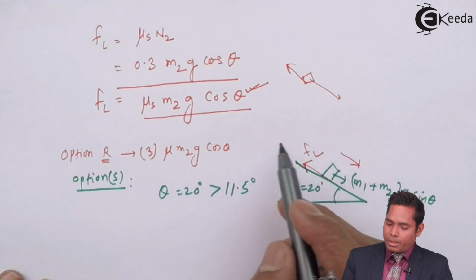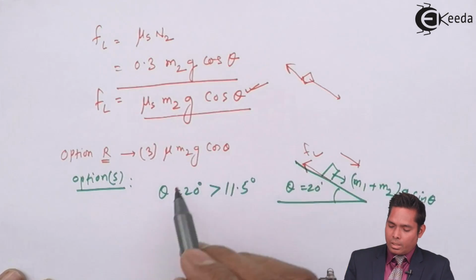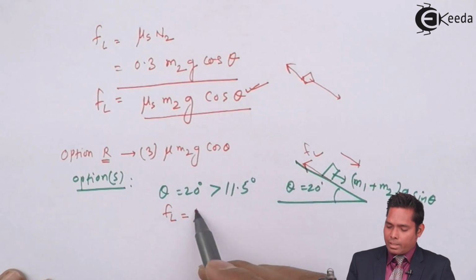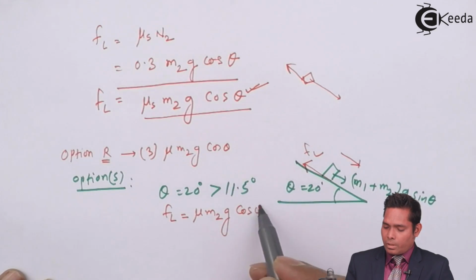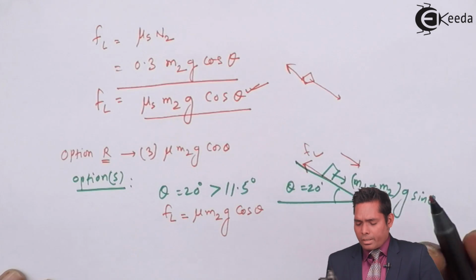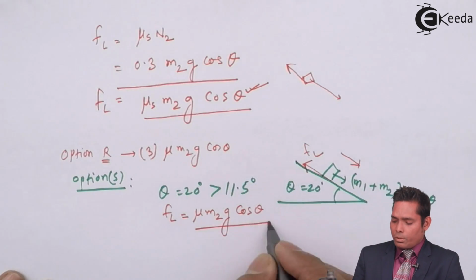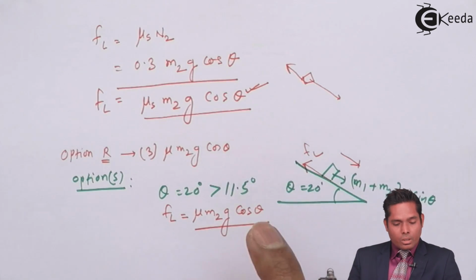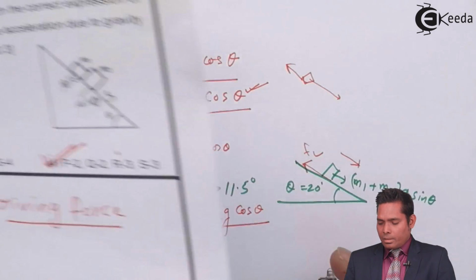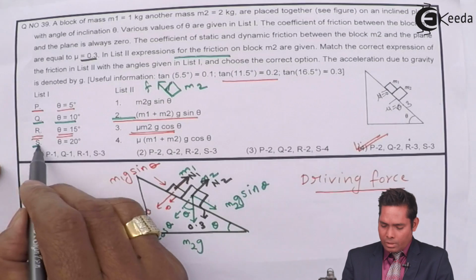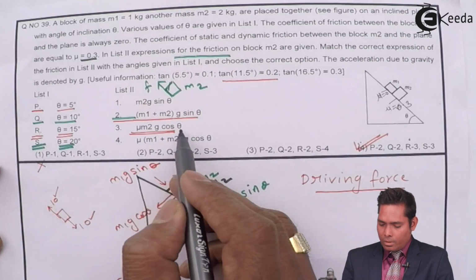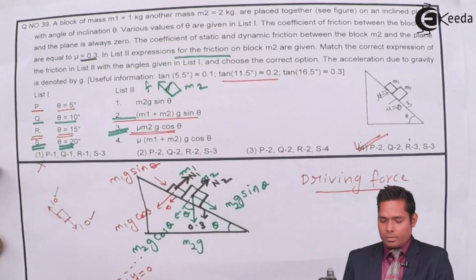That is the limiting friction we have got as this. Again in this case the limiting friction that will act is mu m2 g cos of theta. Mu s or mu only, right? No problem with that. So this is the friction that will act. If this is the friction that will act, then for S as well, this is also the answer.